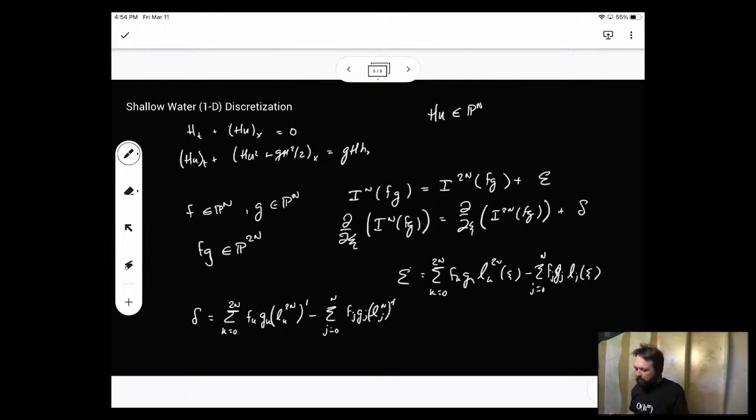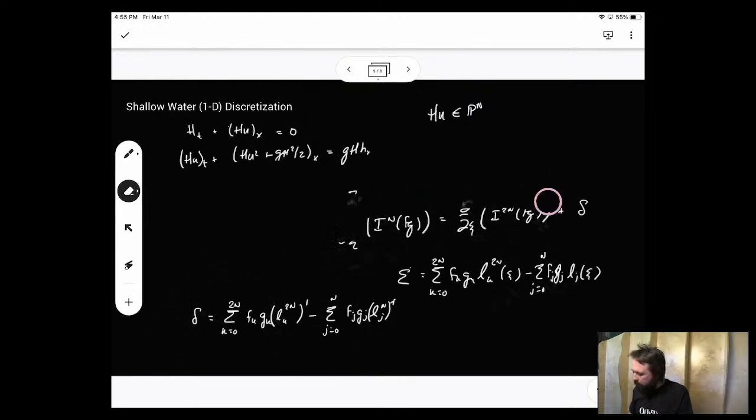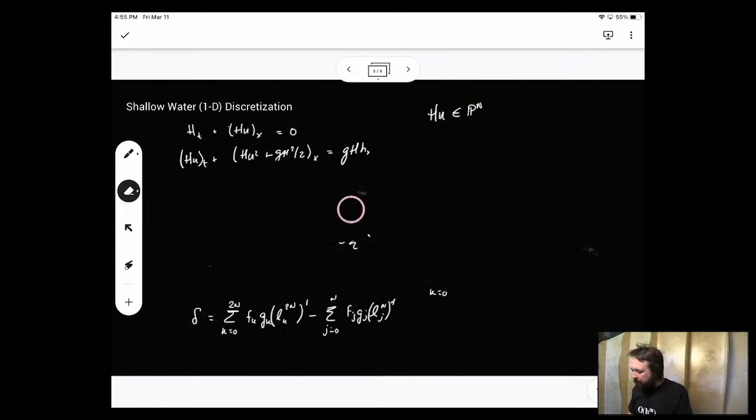So the way we do that, right, is of course if I look at the integral, let me actually clear some space and do this higher up here. If I take an integral of this error function that I've got, so let's say I do it on -1 to 1, just because we're doing this on our reference elements. The integral of delta is going to be the sum k equals 0 to 2n f_k g_k.